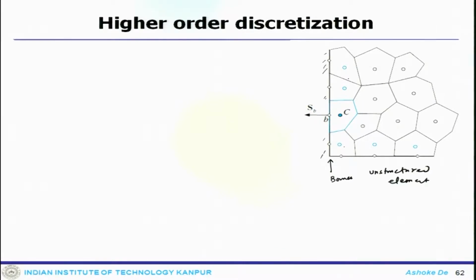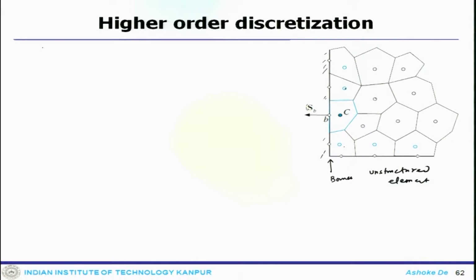Now, you have the discrete values of phi which are stored at the cell centers. But one has to calculate this, where S_B denotes the boundary surface vector, B is the boundary face.